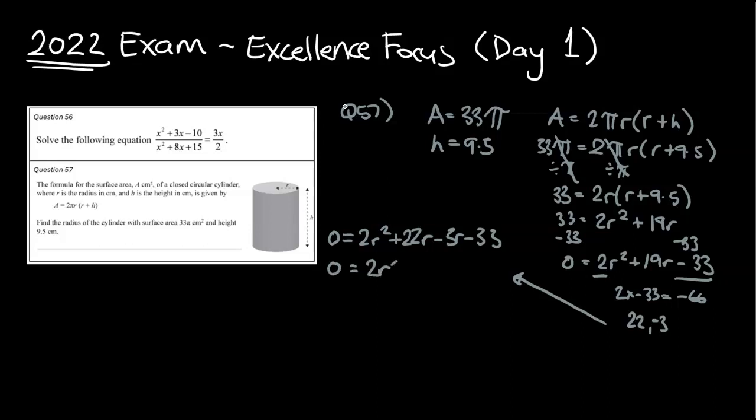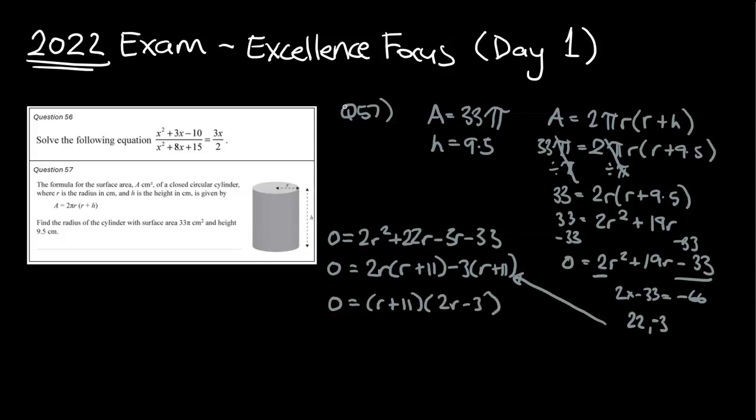So that's going to be 2r in common, leaving me with r plus 11. And then we've got a minus 3 in common, leaving me with r plus 11. Perfect. Same bracket coming up twice, so I know I didn't do any silly math errors on my way. 0 equals r plus 11. That's the common bracket. The leftovers, 2r and minus 3, they're going to form the second bracket, 2r minus 3.